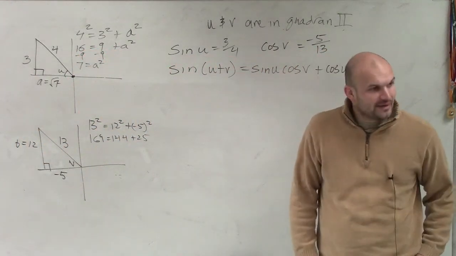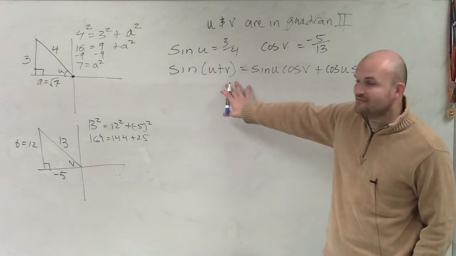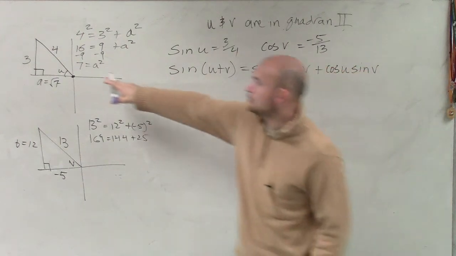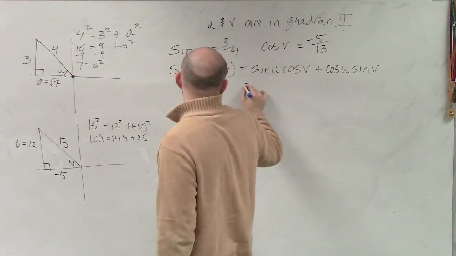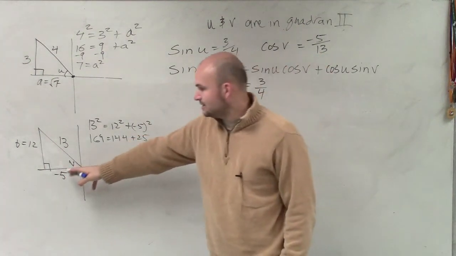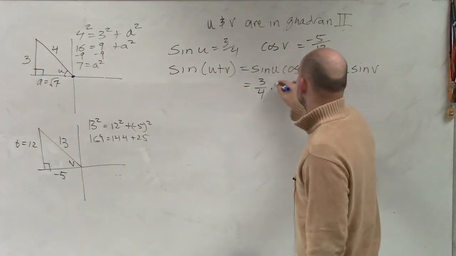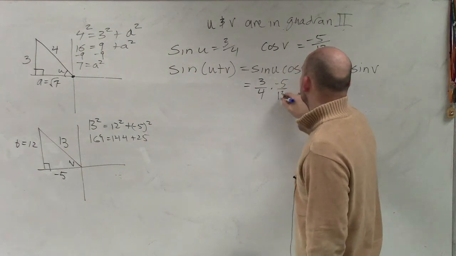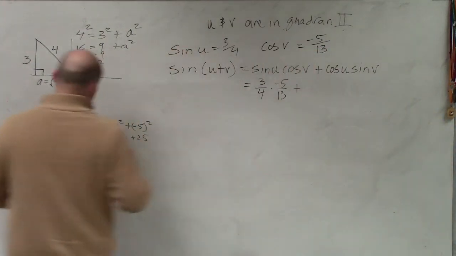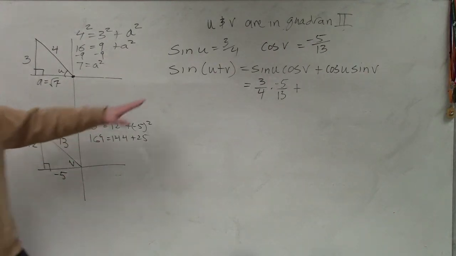So we got that. Now to evaluate this, the sine of u, we go to our angle u. Sine of u we know is 3 over 4. The cosine of v is negative 5 over 13, plus the cosine of u.